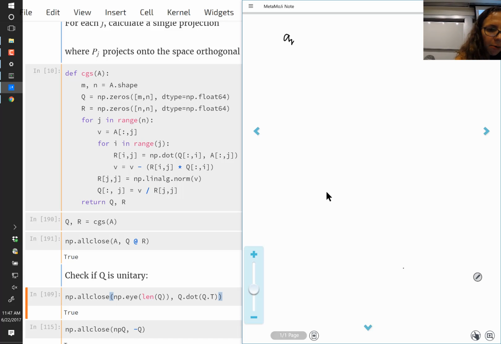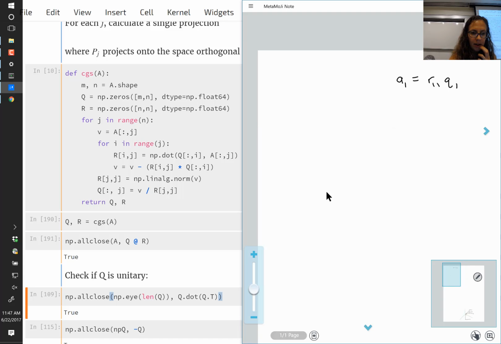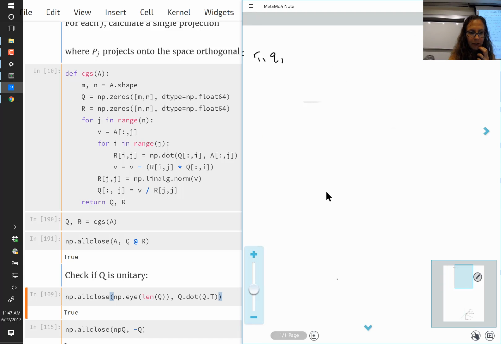So here, A1 is going to be the first column of A. And basically, that's just going to be a multiple of Q1. So we're trying to build an orthonormal basis, starting off with A. I'll put this over to the side for a moment.